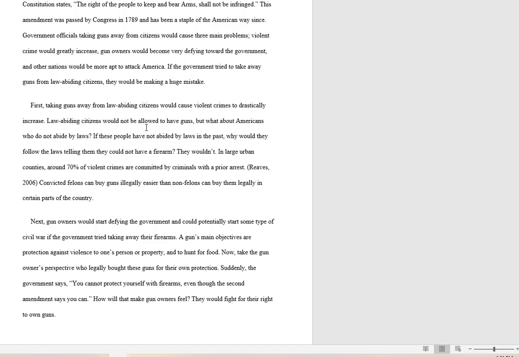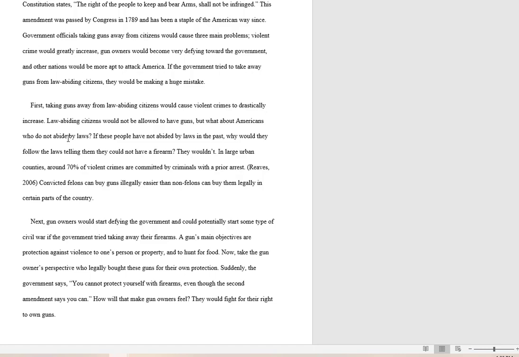Law-abiding citizens would not be allowed to have guns. But what about Americans who do not abide by laws? If these people have not abided by the law in the past, why would they follow the law telling them they could not have a firearm? They wouldn't.